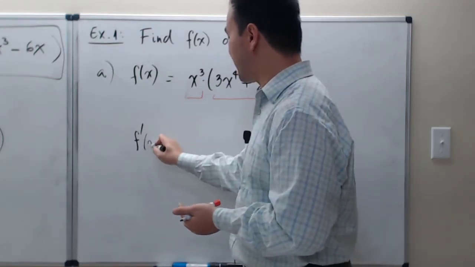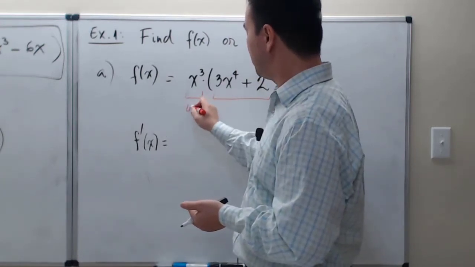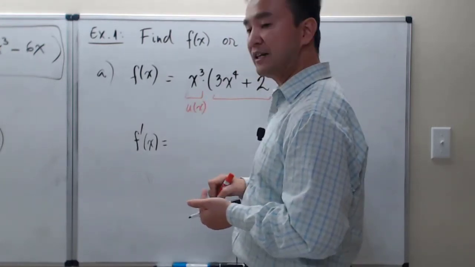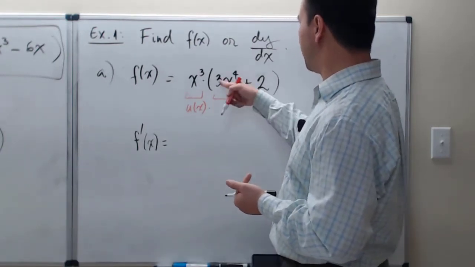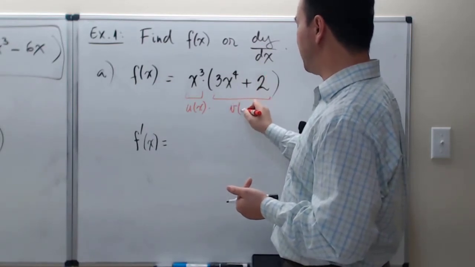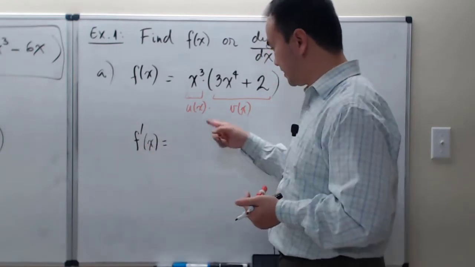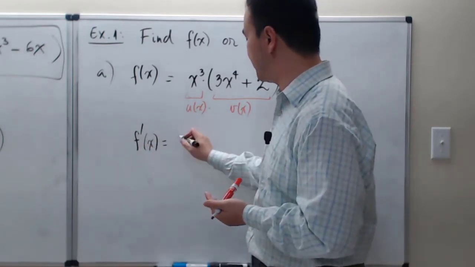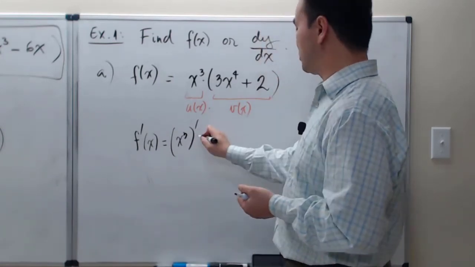So f prime of x, here's how things are going to work out. This is u of x, that's how I recognize the product rule being used here. Multiplied, all this in parentheses here is being regarded as v of x. So now f prime of x, the product rule says u prime. So u prime is x cubed, derivative, multiply with v.